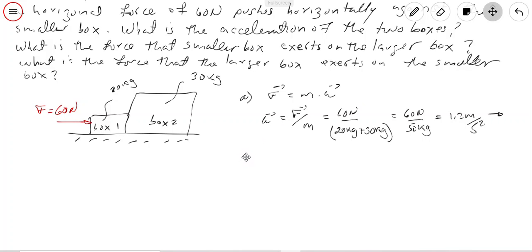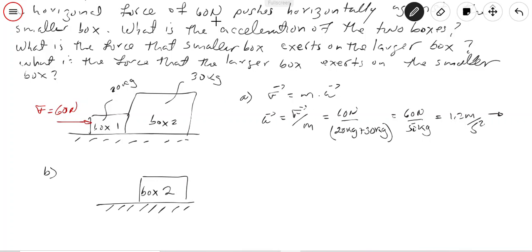And when we isolate the second box, we say, okay, my second box is a box resting here. This is a smooth and frictionless surface.